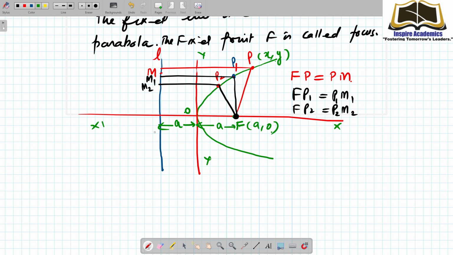Now obviously the distance, if you see at point O, इसको भी हम एक नाम दे देते हैं यहाँ पे. Let us say this point is N. So as per definition, FO should also be equal to ON. All right.